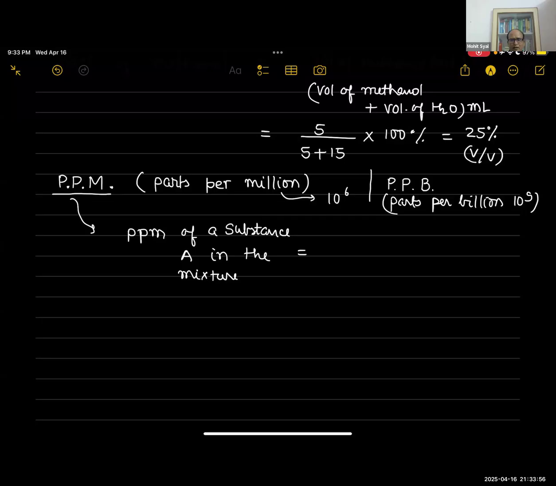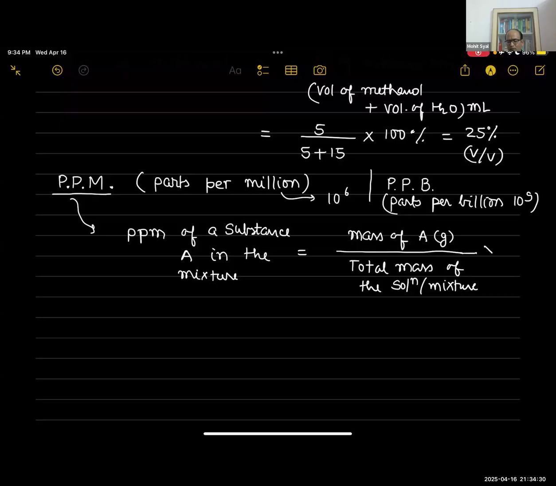How are you going to calculate it? The formula is mass of A, keep the unit same, divided by total mass of the solution or the mixture. This is for 1 gram.